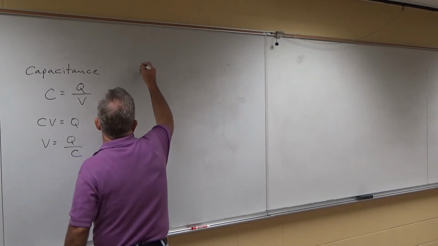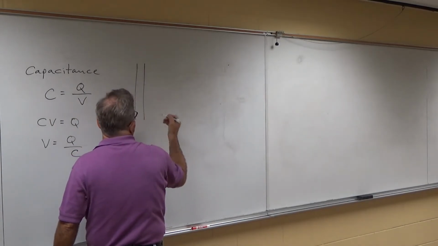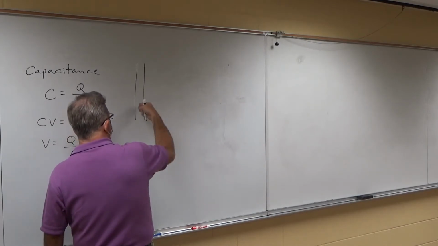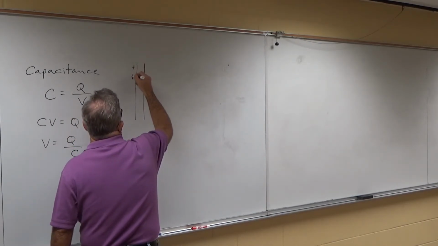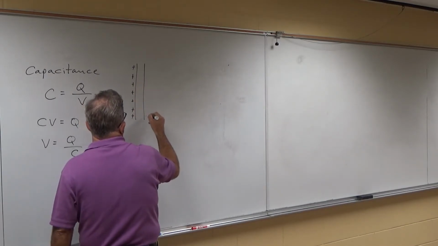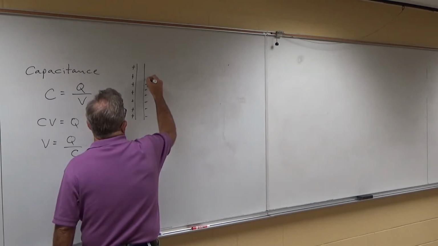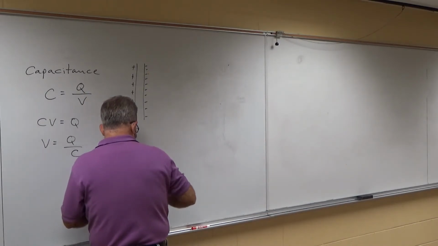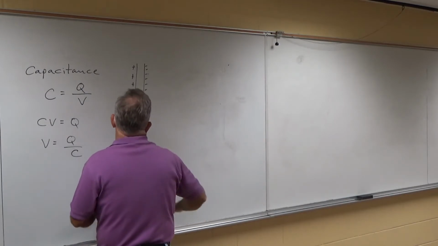If you have a simple parallel plate capacitor, looking along the plates, there's plus charge over here and negative charge on this side, and that produces an electric field between the plates in this direction.